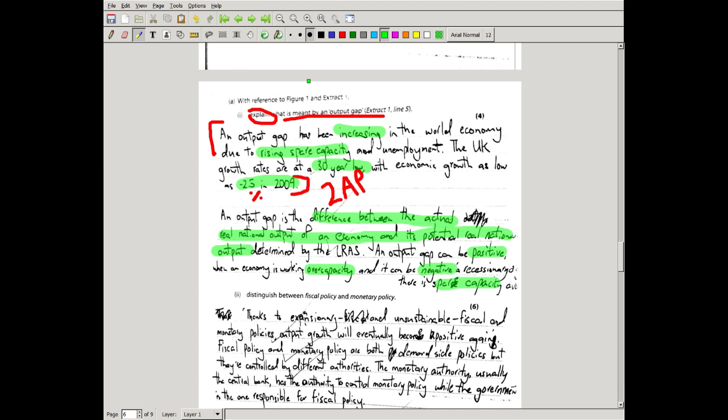So I have not only defined the output gap, I've also explained it further by mentioning that there are two kinds of output gaps. You see, an output gap is essentially just a discrepancy between actual growth and what it should be, that's determined by the aggregate supply. Whenever there is a discrepancy, there is an output gap. It can be positive or negative, as I mentioned.